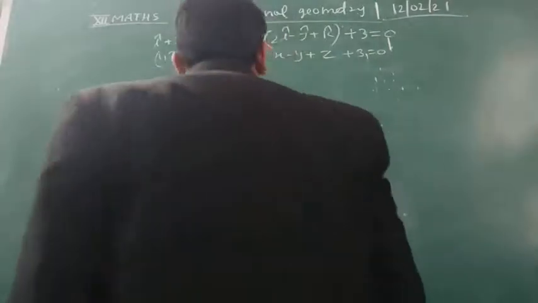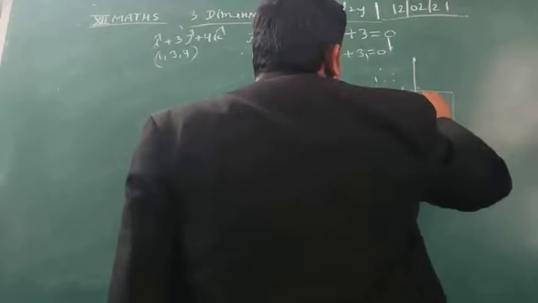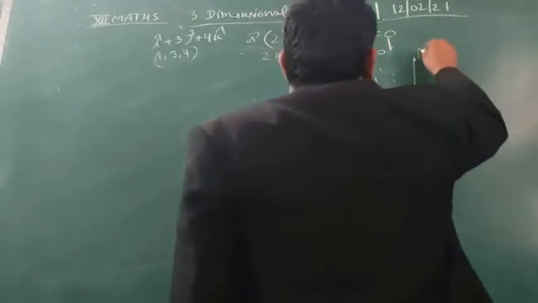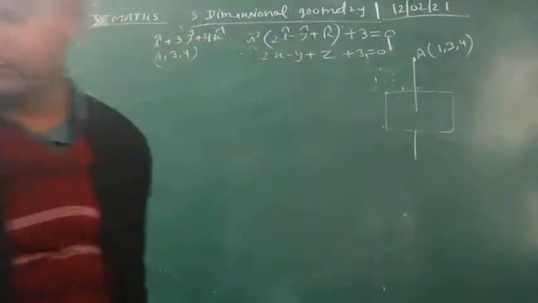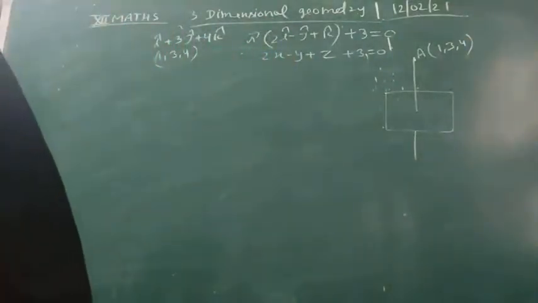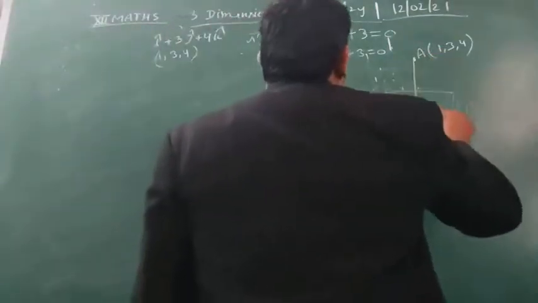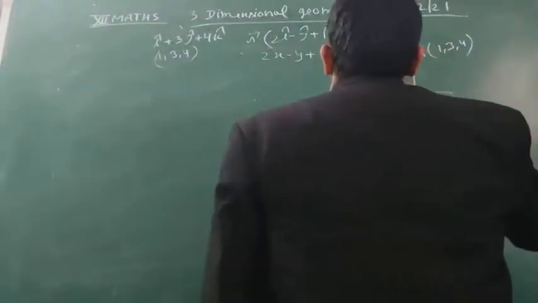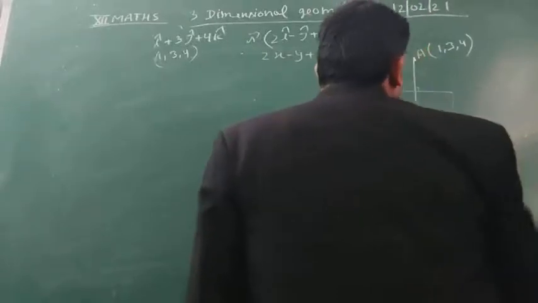Okay, students. So this is the plane, and there is a point A whose coordinate is 1, 3, 4, and the equation of the plane is 2x minus y plus z plus 3 is equal to 0, students.